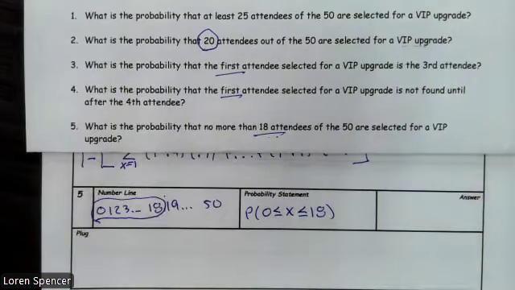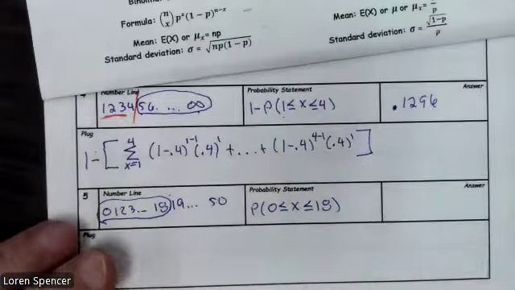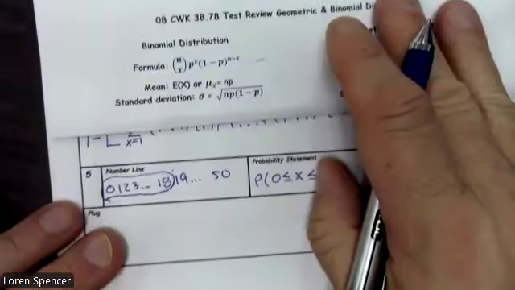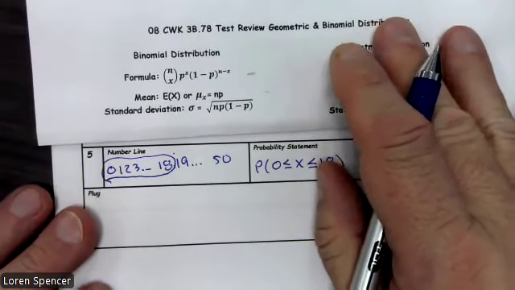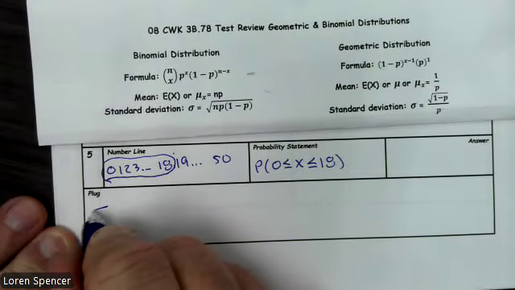All right. Well, we know it's a binomial, and I have multiple values, so I know I'm going to have to use a summation. So it's going to be the summation, and it's going to be using the binomial. Our sample size was 50.